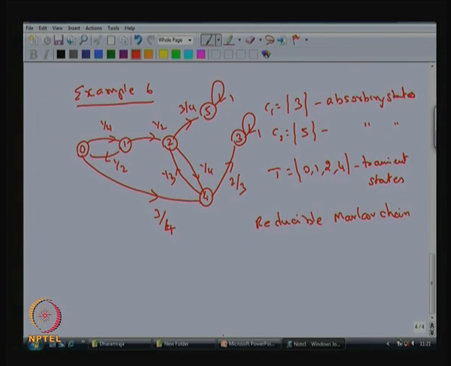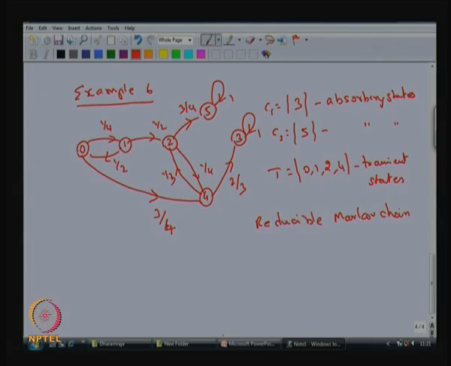Then after that it will keep roaming between 2 and 4, but with positive probability 3/4 and 2/3 it can go to state 5 or state 3. Therefore, these states are going to be absorbing states, and ultimately the system will land up in state 3 or 5. So this is one type of reducible Markov chain in which you have transient states and a few absorbing states.